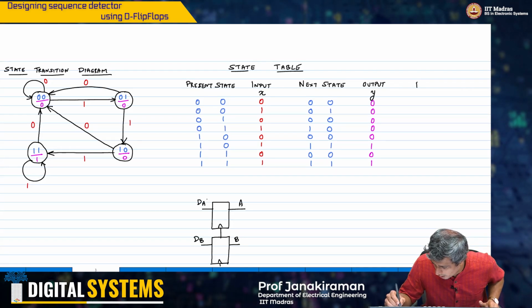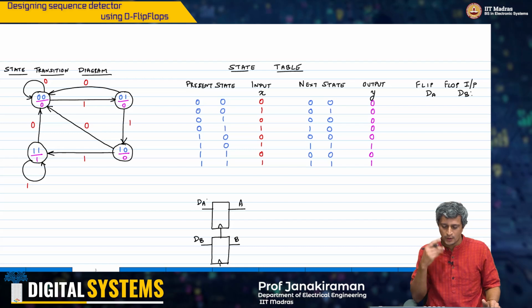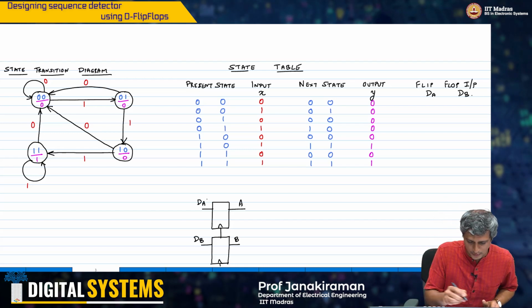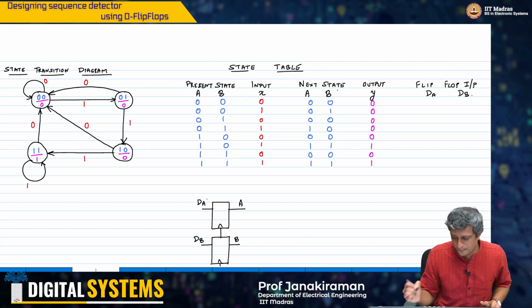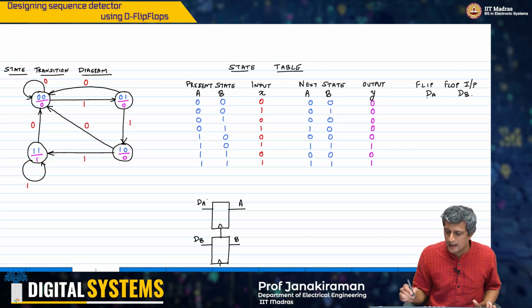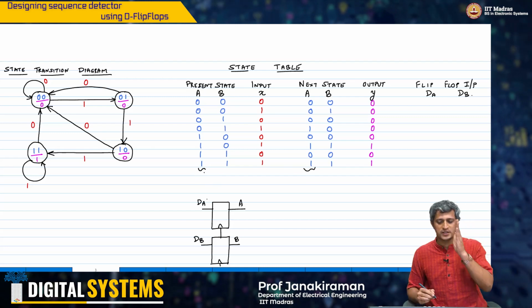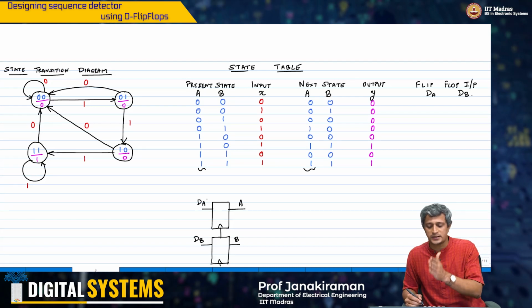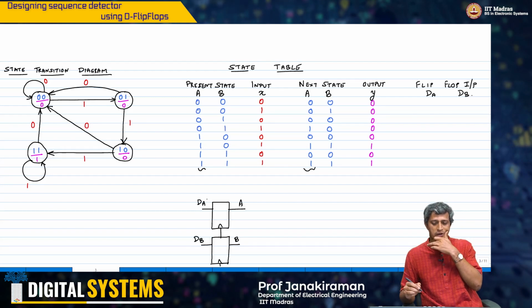Okay, so flip-flop inputs DA and DB. Present state, I am going to look at A and B. In order to determine DA, I need to just look at this particular column, these two columns. If the present state is a 0 and the next state happens to be a 0, then what should my input to DA be?